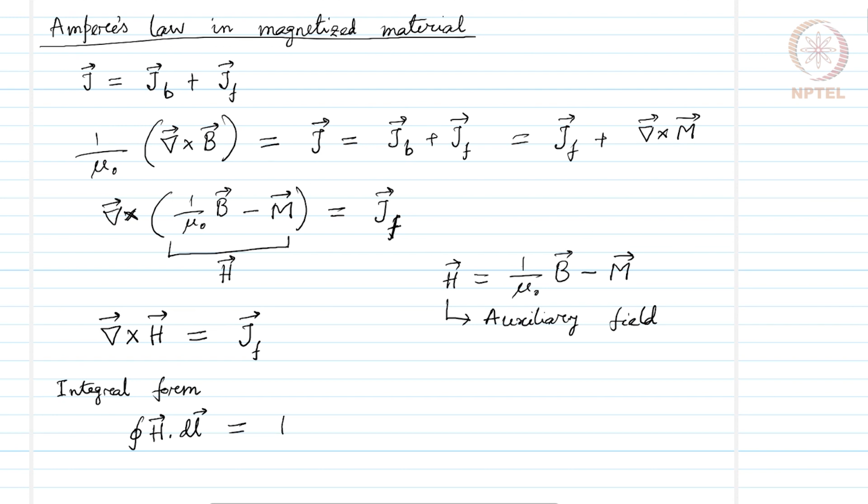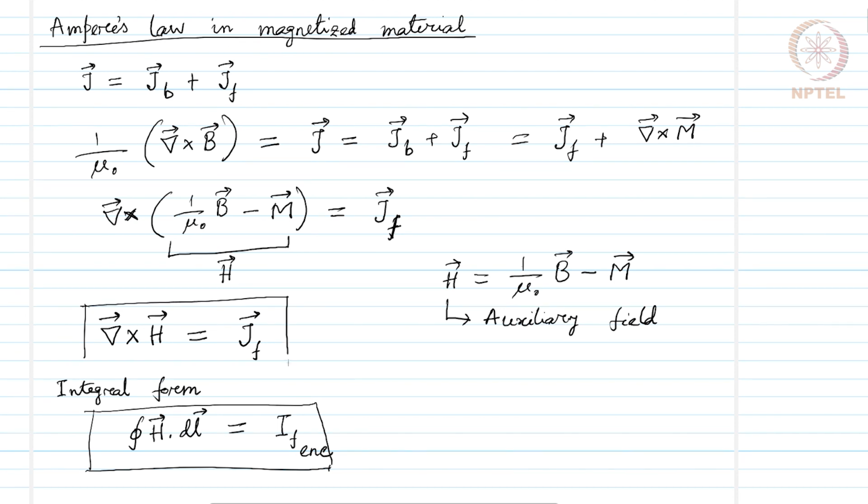This will give us the total free current enclosed. So, this is the Ampere's law in integral form, and this is the Ampere's law in differential form in the presence of magnetized material. And after finding this, we will have to worry about the boundary condition across a surface current.